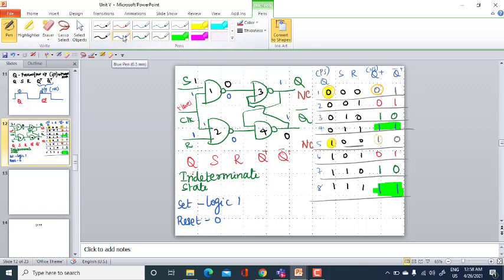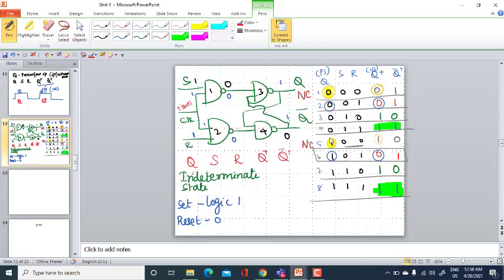And the next one, let me go ahead with a combination of 0 and 1. Look ahead with this combination. I have 0 here and 0 here, and similarly 0 here, 0 here, I have 1 here, 0 here.